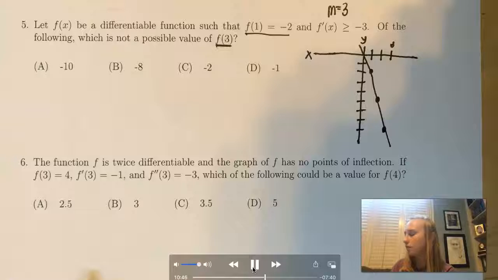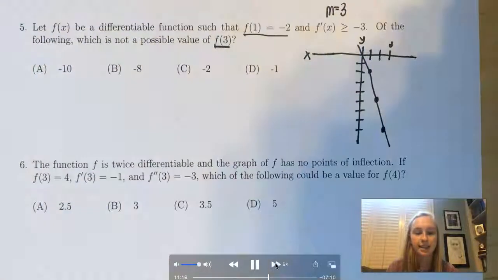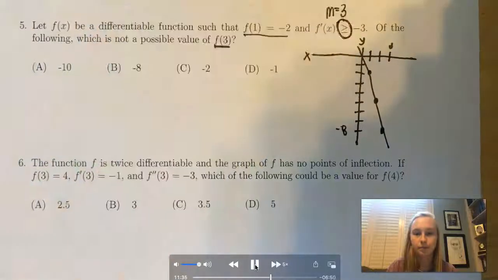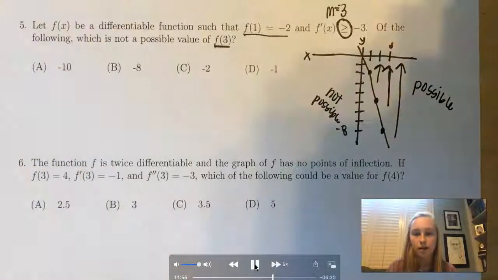So, I know I draw it out, but I'm taking a while. So I'll speed up to when I draw it. Okay, so I'll pause it right here.